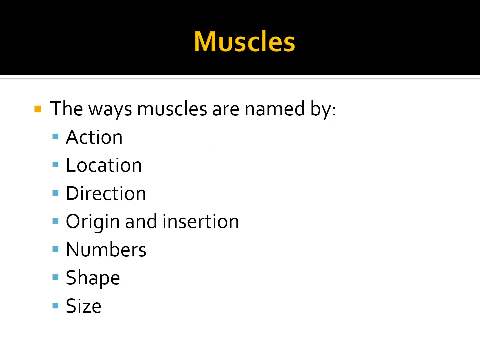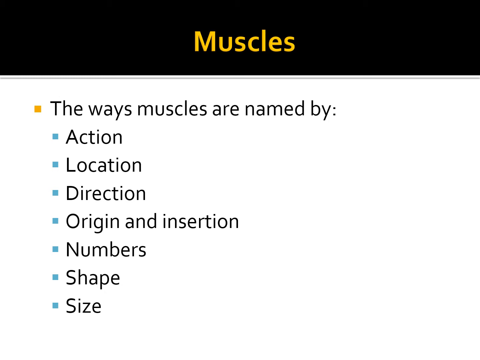The ways muscles are named are by action, location, direction, origin and insertion, numbers, shape, and size. So for actions, you might have an abductor or an adductor muscle that's moving it away from the body or towards the body. It may be the location, so maybe the radialis muscle. A direction could be the direction that the body goes in.